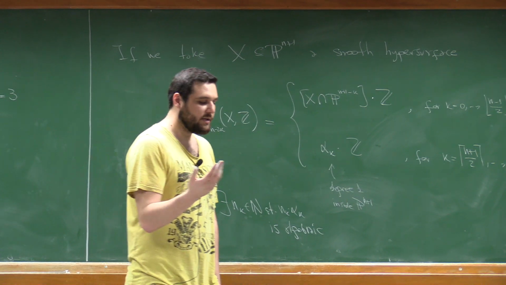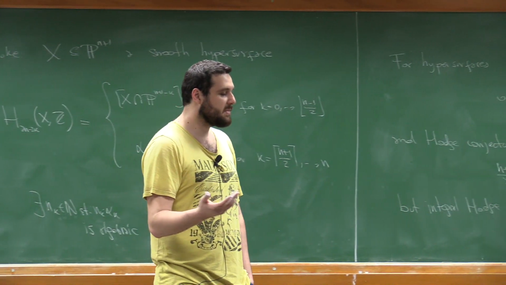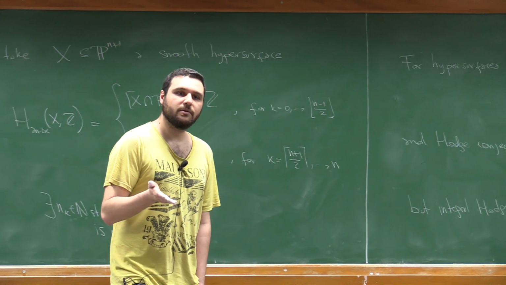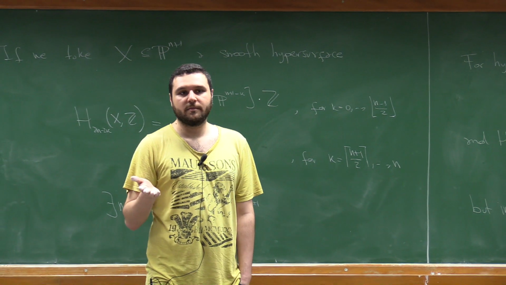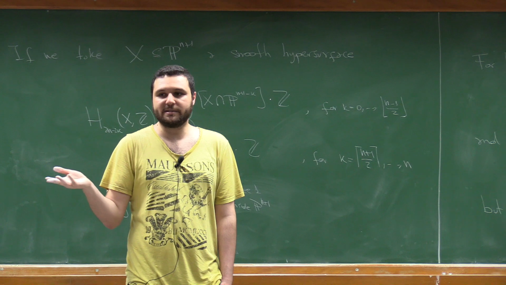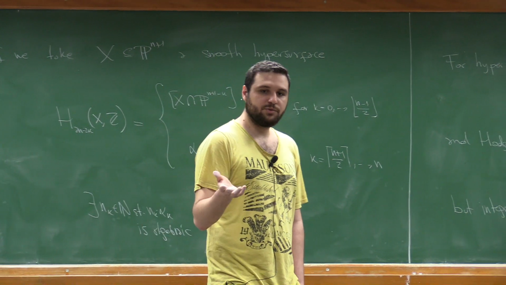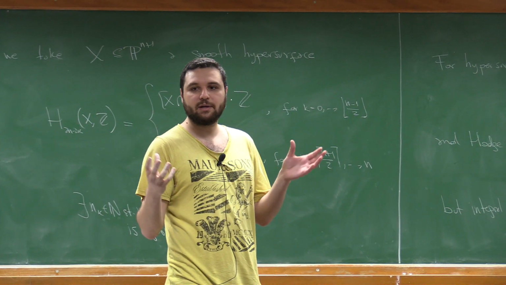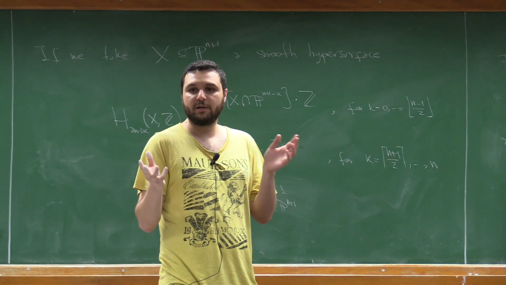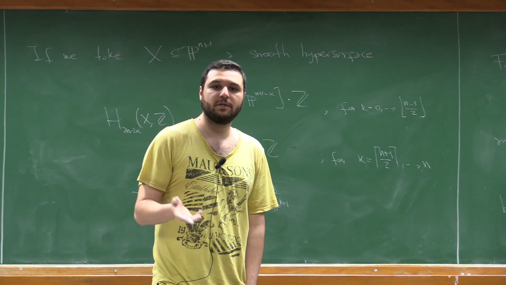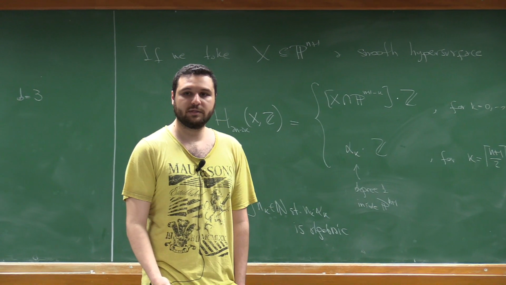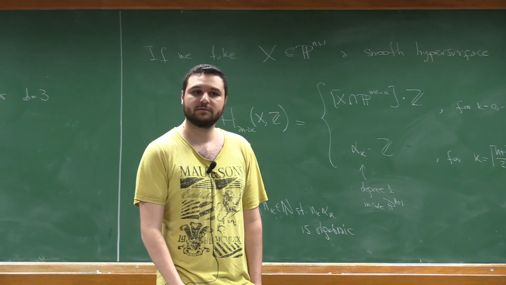And in the algebraic side, you can replace it just by analytic subvarieties, right? If you are in an algebraic variety, an analytic subvariety and an algebraic subvariety will be the same thing. So you can try to extend the Hodge conjecture to a bigger class, the class of compact Kähler manifolds, and that's false. There are counterexamples to the Hodge conjecture in that setting, and also it's in the exercises.